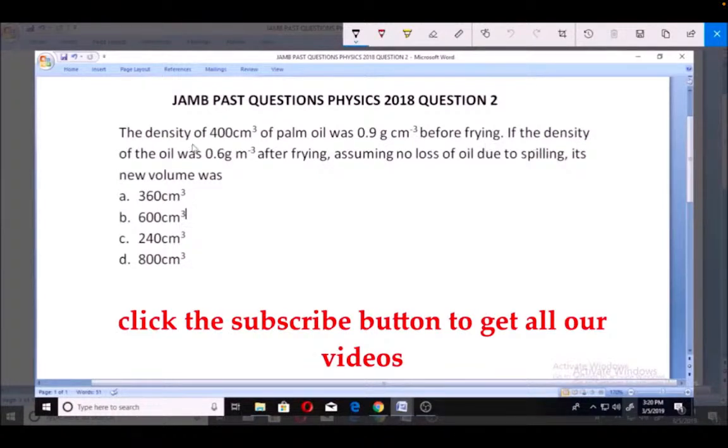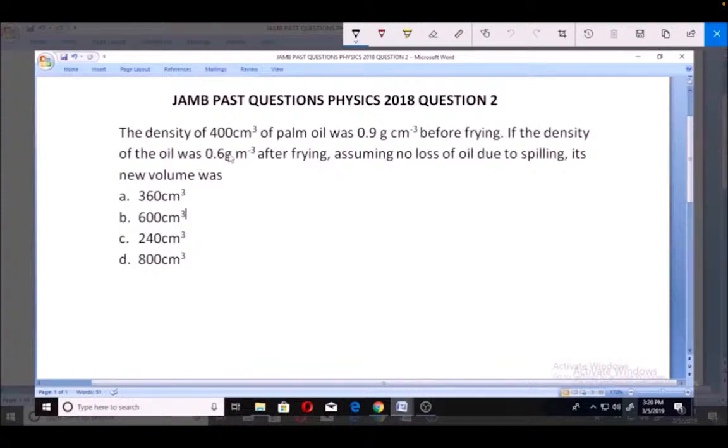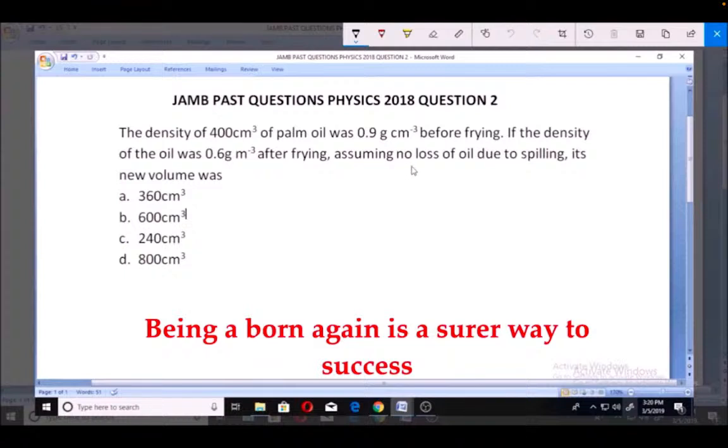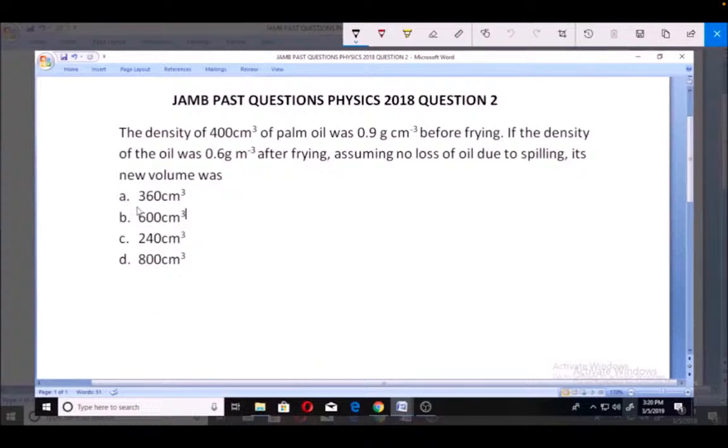If the density of the oil was 0.6 gram per cm cube after frying, assuming no loss of oil due to spilling, its new volume was A. 360 cm cubed, B. 600 cm cubed, C. 240 cm cubed, D. 800 cm cubed. So how do we go about solving this?